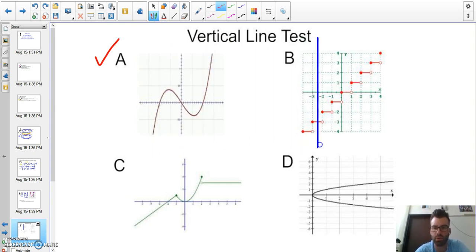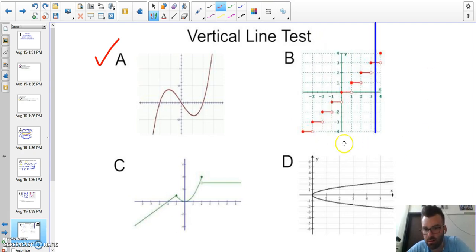Let's go on to B. This one's a little bit weird. It looks like it hits it twice there. So what's really happening here? If you look closely at these dots, the top one is closed and the bottom one is open. If you remember back to Unit 1, we talked about interval notation and number lines. Remember the difference between a closed circle and an open circle when graphing inequalities on a number line: the closed circle meant equal to, and an open circle meant not equal to.